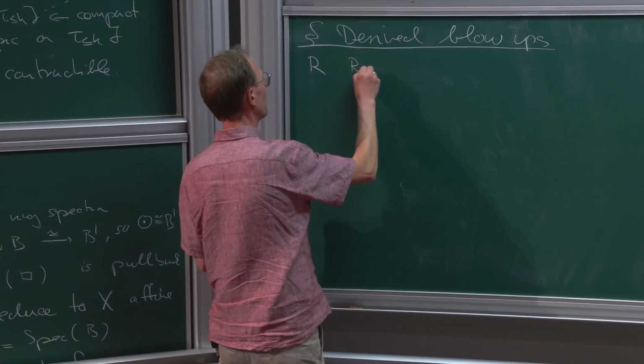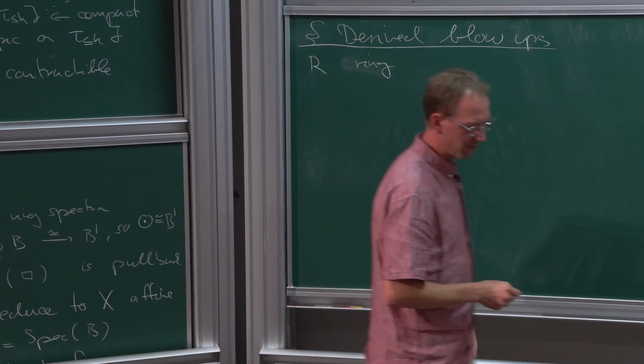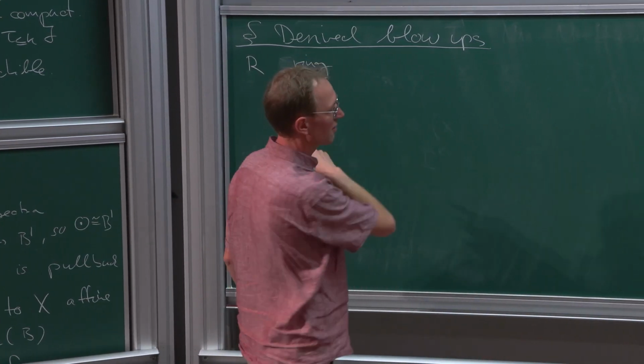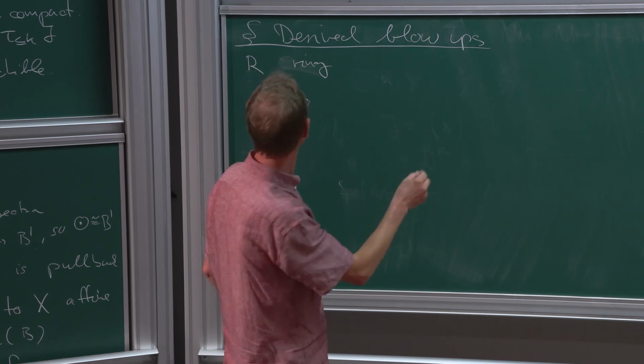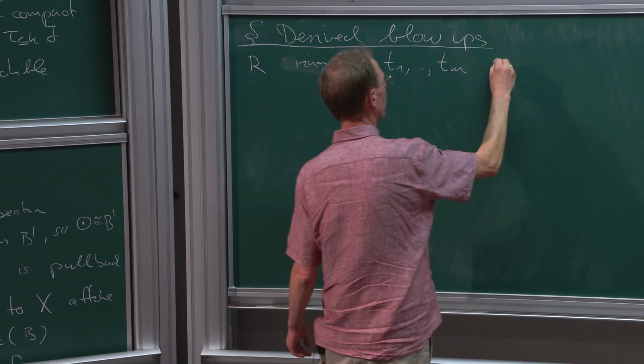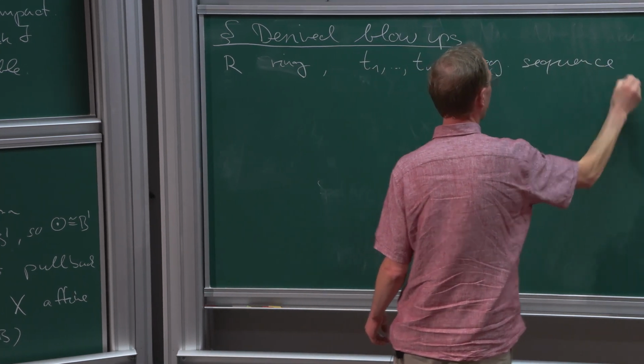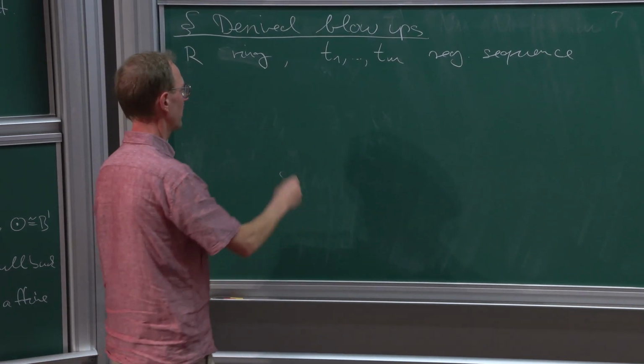So R is a ring, commutative now, of course. I mean, it's actually all the rings today, I think. Then T1 to Tm is a regular sequence. And then we look at the following situation.